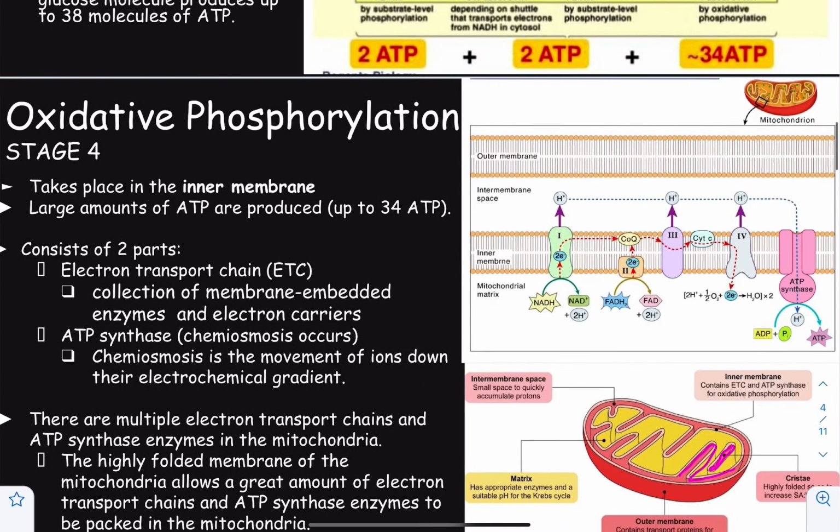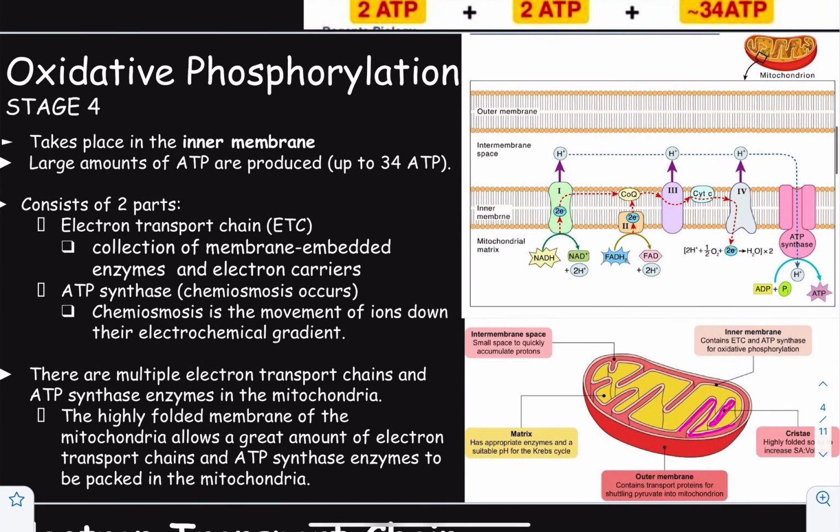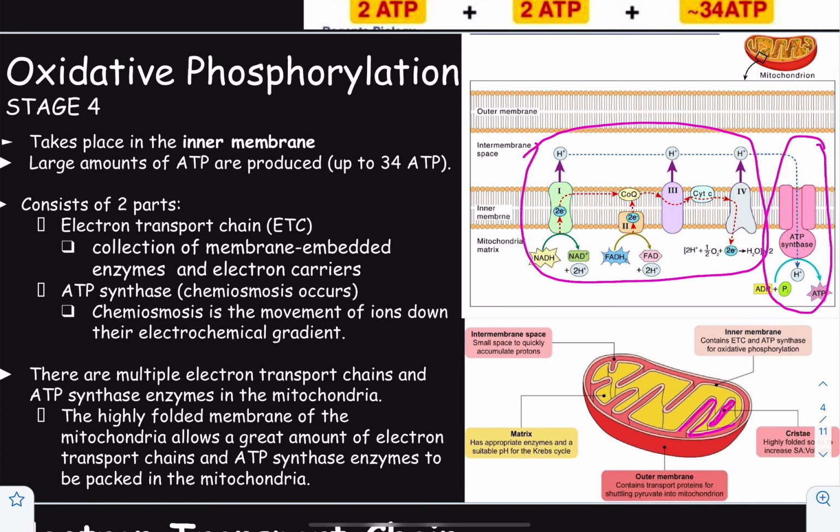So, there are two parts of the oxidative phosphorylation stage. The first part here is the electron transport chain, which is this part, and the second part is ATP synthase.